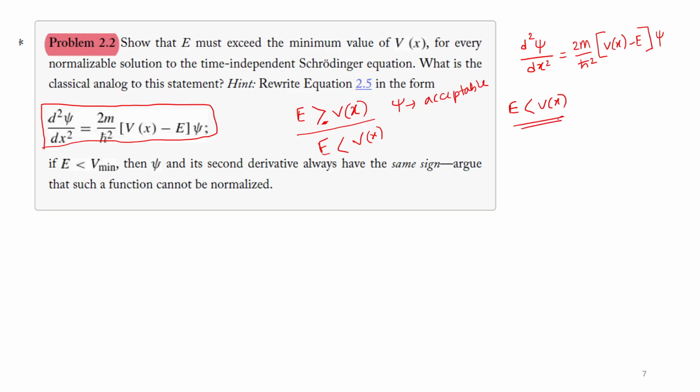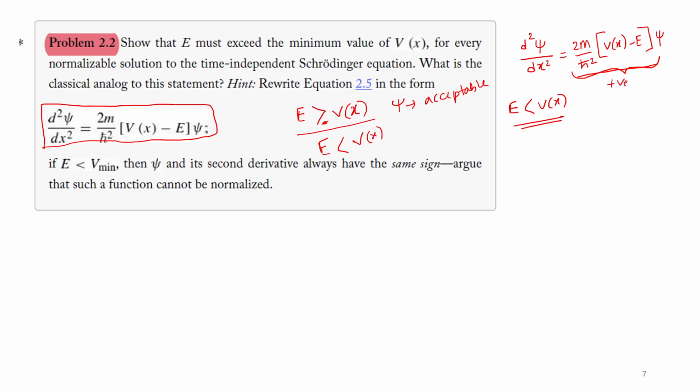In this case, can you tell me what will be the sign of this part, without the psi? It will be positive. E is less than V of x, then this is positive, right?